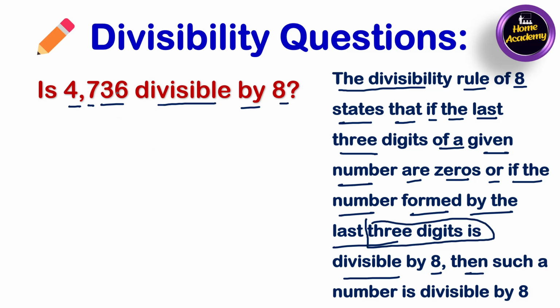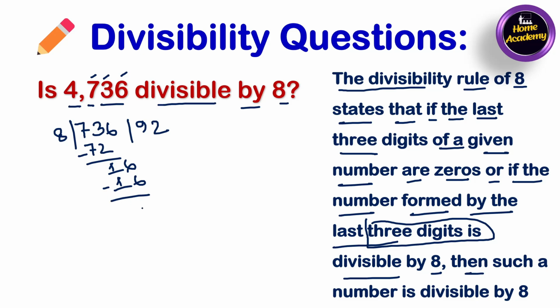So the last 3 digits are 736. We can try to divide by 8. 9 times 8 is 72. Then 73 minus 72 is 1, and here is 6. 8 times 2 is 16.